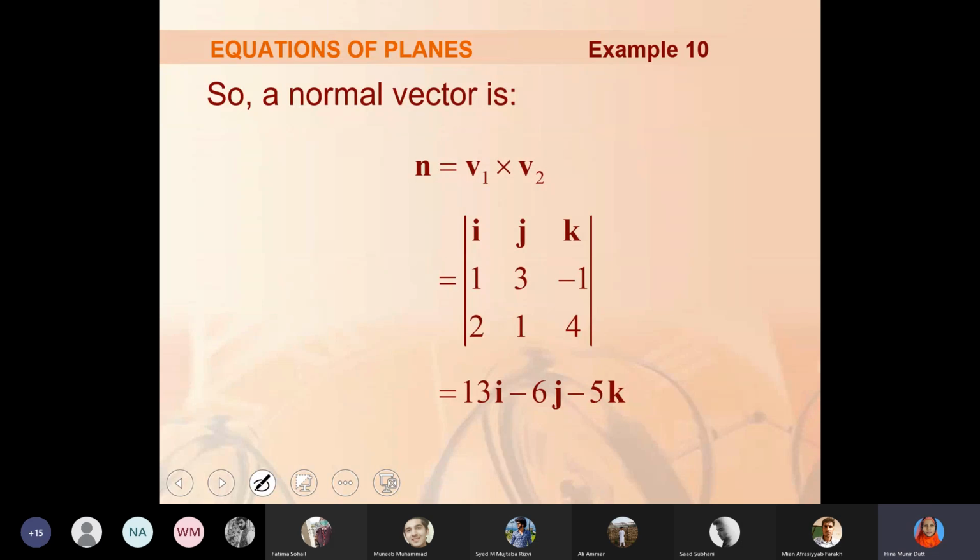Since the planes are parallel, this is the situation, the planes are parallel. This is the point on plane P1, this is the point on P2.